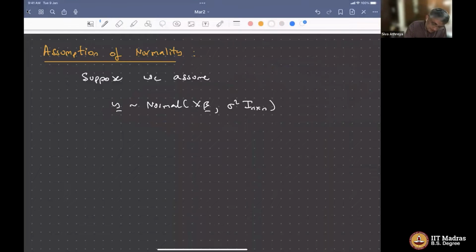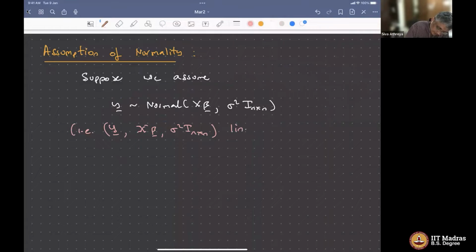Just to recap, before we had the linear model y, x beta, and sigma squared I_n.